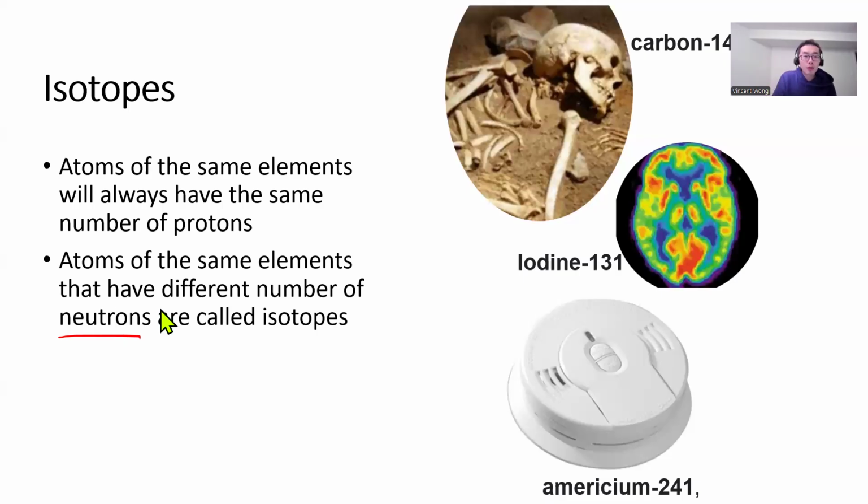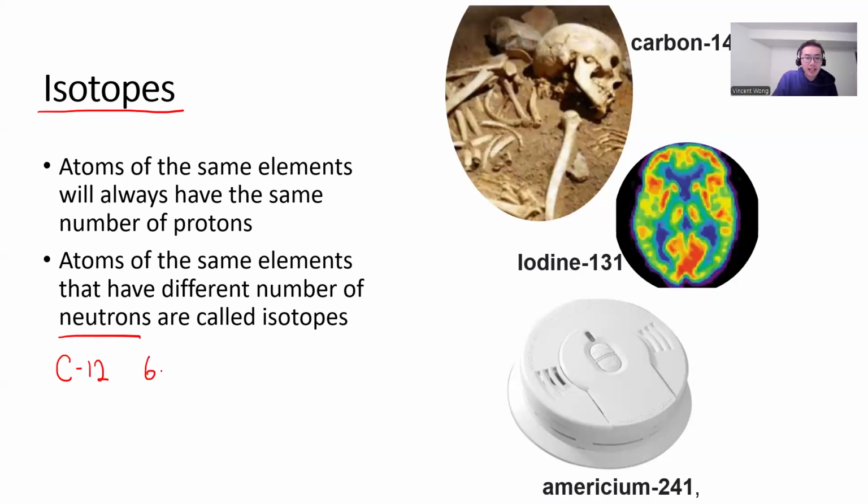But the number of neutrons can be different. So if it has more neutrons, it makes it heavier. If it has fewer neutrons, it makes it lighter. These atoms with different numbers of neutrons, we call them isotopes. Okay, so I'm just going to give you some examples. Most of the carbons that exist are what we call carbon 12.